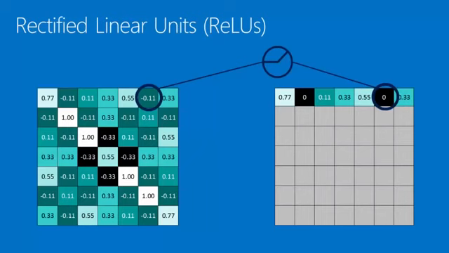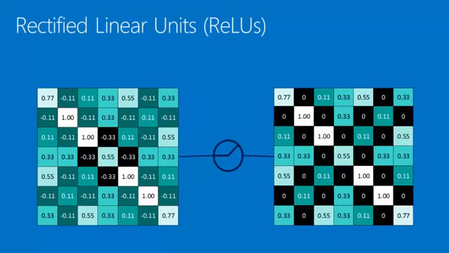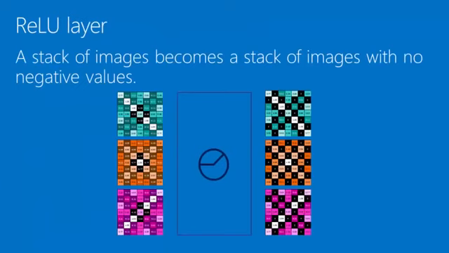Another negative value, change it to zero. By the time you're done, you have a very similar looking image, except there's no negative values. They're just zeros. And we do this with all of our images, and this becomes another type of layer. So in a rectified linear unit layer, a stack of images becomes a stack of images with no negative values.